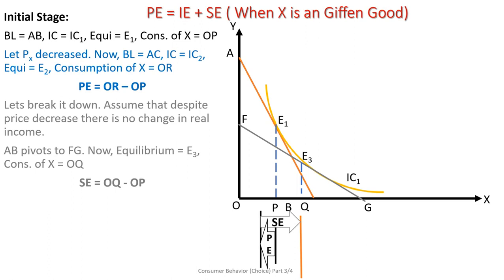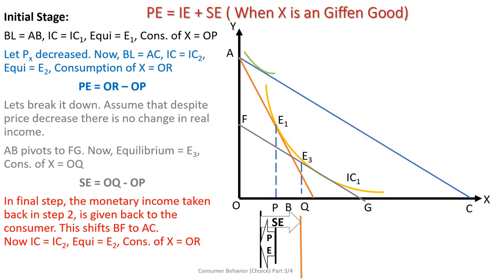So as the real income increased, the budget line FG will shift to AC, and since commodity X is an inferior commodity, in fact it is Giffen, but we know that Giffen goods are also a special case of inferior goods, there will be a decrease in the demand of commodity X. The income effect is OR minus OQ. Again, putting it in the equation and solving, we have left hand side equal to right hand side.